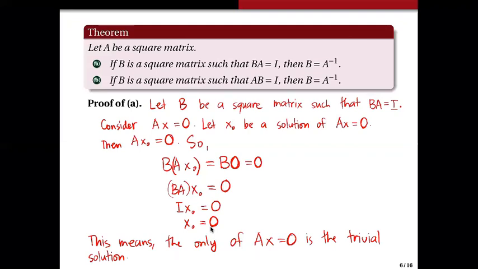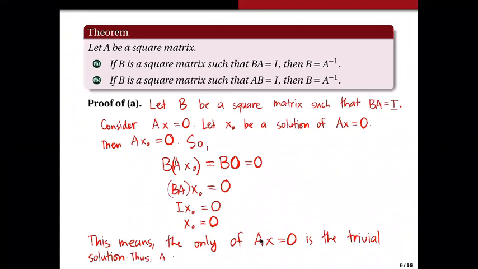Now, we have that the trivial solution is the only solution of the homogeneous system. A here is a square matrix. So what does this mean? The matrix A is invertible.